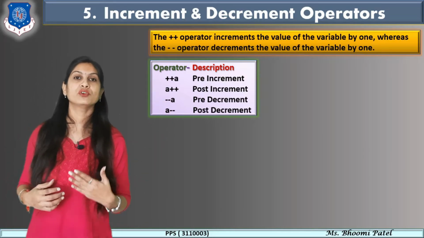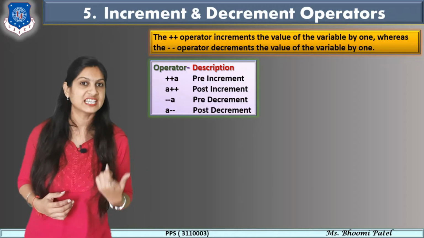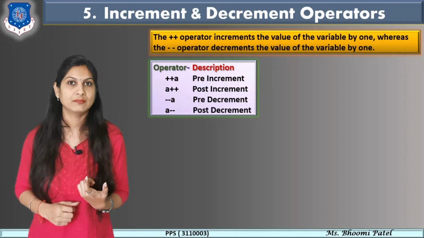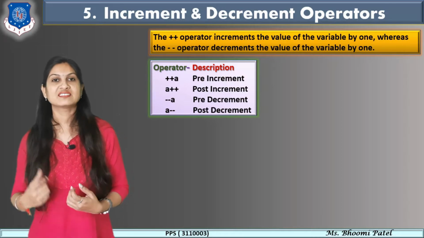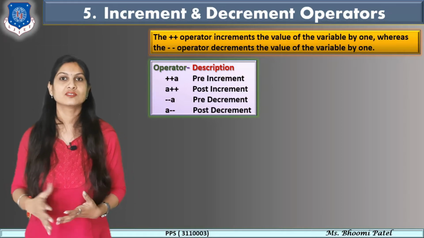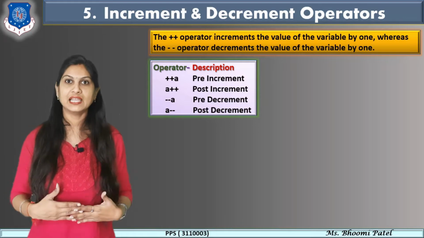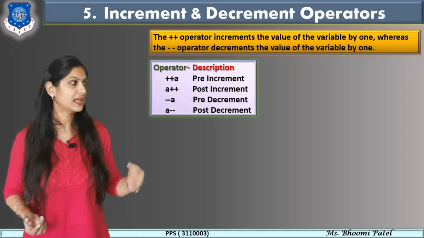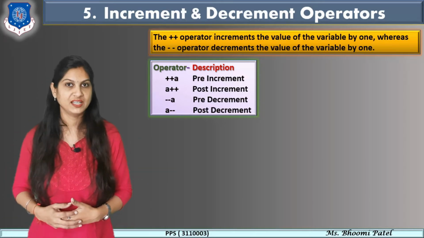For example, if you put your operator plus plus symbol before the operand, then it is known as pre-increment, and if you put plus plus sign after the operand, then it is known as post increment. Similarly, a minus minus is post decrement, and minus minus a is pre decrement.